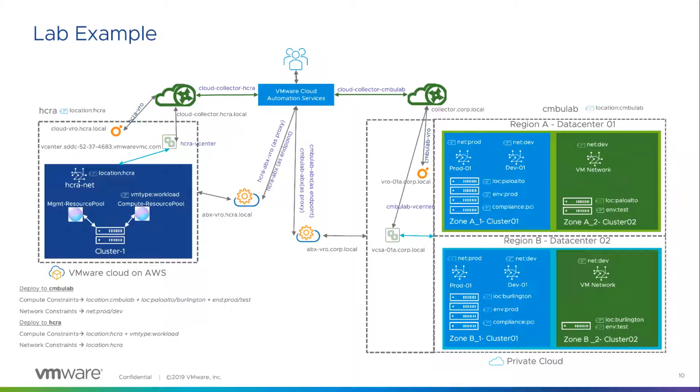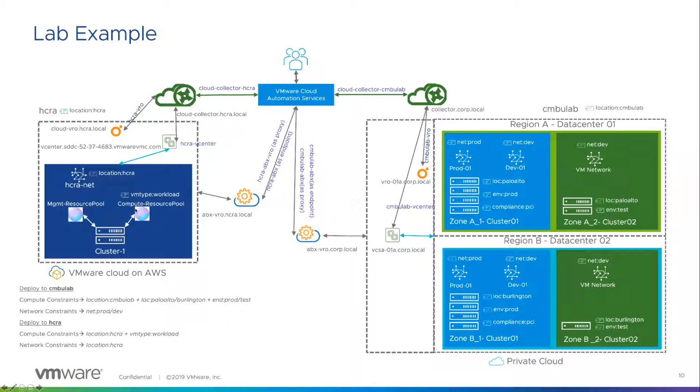Now my HCRA environment is pretty much standard. You can see it's a single network, which is HCRA net. But the only thing I need to take care of is, since this is VMware Cloud on AWS, there are two different resource pools: one is the management resource pool and the other is the compute resource pool.